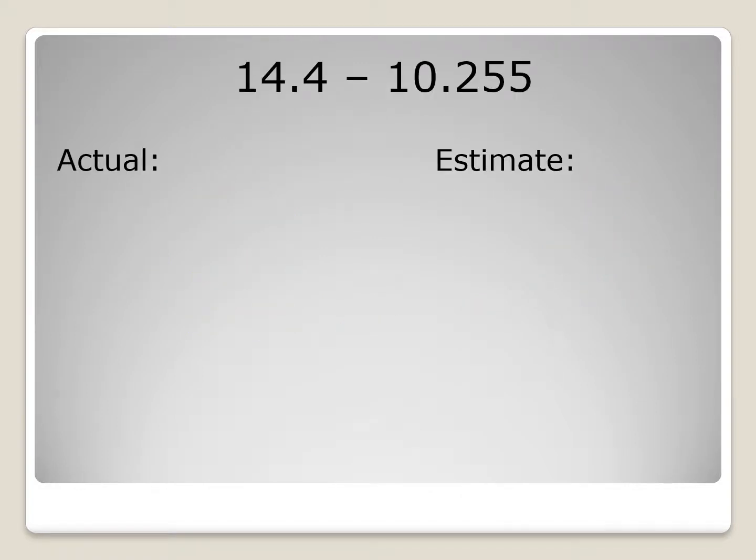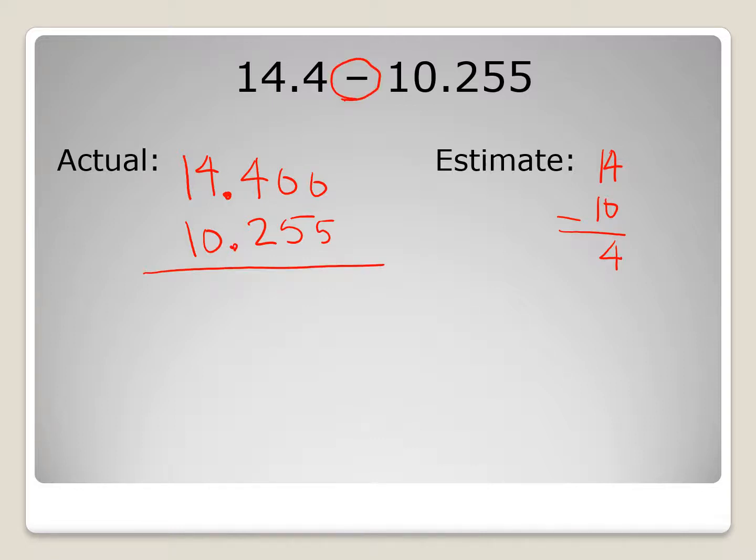All right, let's try another subtraction estimate problem. 14 4/10 is about 14. 10 255 thousandths is about 10. 14 minus 10 is about 4. Now let's do the work. 14 4/10, 10 255 thousandths. Fill in my zeros, line up my decimals, and subtract.